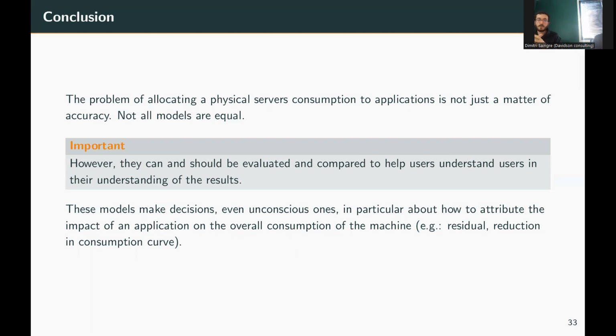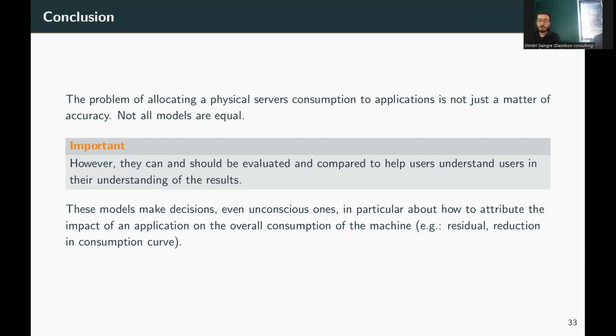And even if we don't have a straightforward way to compare these models, that doesn't mean that we can't compare them. Those models can and should be evaluated and compared to help users understand the results they're getting. For example, all the experiments we conducted helped us understand a bit more about server energy consumption and the limitations of those models.